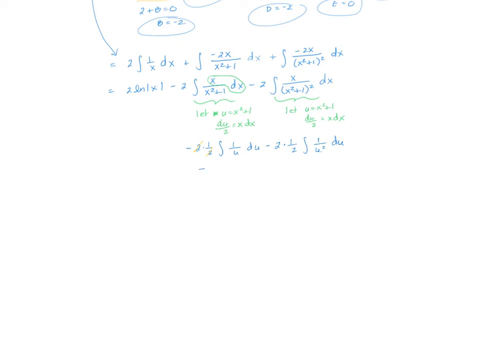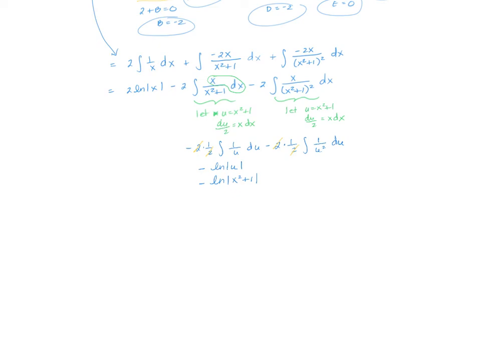I'm going to have minus natural log absolute value of u, and u is x squared plus 1, so negative natural log absolute value of x squared plus 1. The 2's will cancel in the second integral.